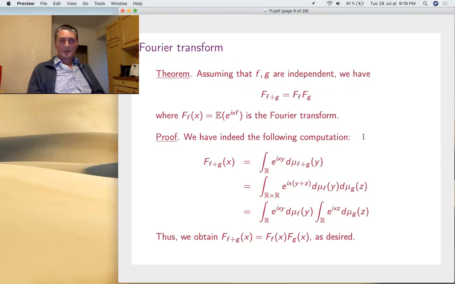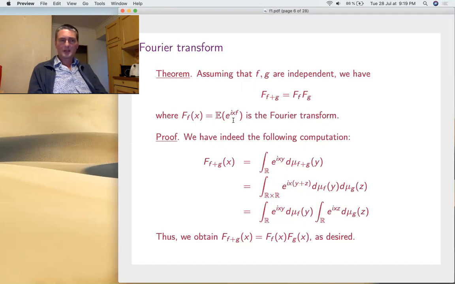Now, what else can we do? Let's compute the Fourier transform in order to prove the CLT. There are many notations. I'll use this very simple formula for the Fourier transform without any kind of normalization: the expectation of e to the iXξ.